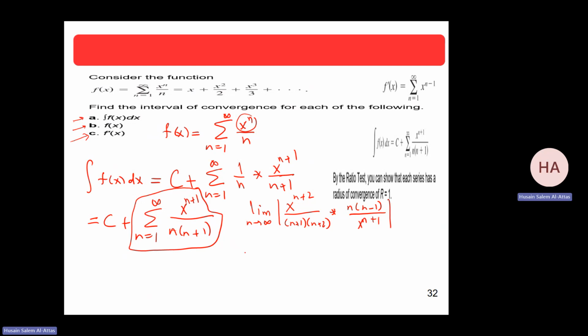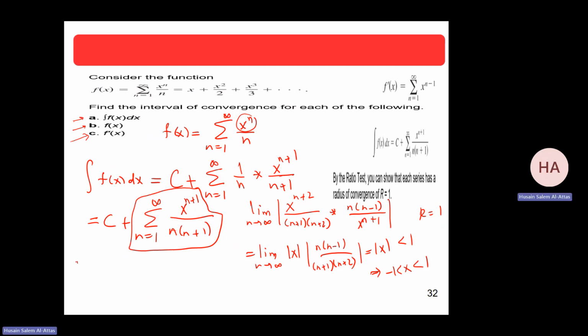That gives me the limit as n goes to infinity. I have absolute value of x, then absolute value of n plus 1 over n plus 2, same degree. So this is 1, absolute value of x less than 1. So R equals 1, and the interval is x between minus 1 and 1.